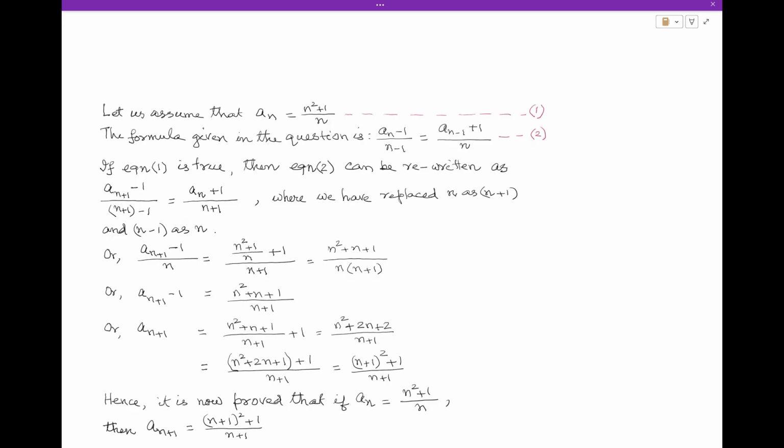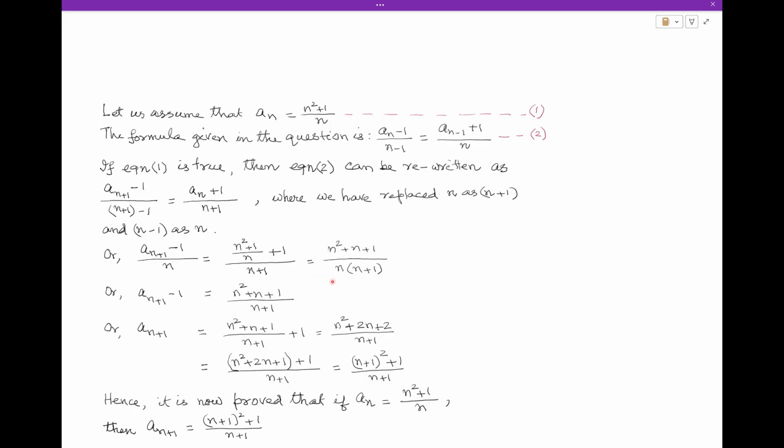So we get a subscript n plus 1 minus 1 divided by n is equal to, because an is known to be n square plus 1 divided by n, or we are assuming that, then a subscript n plus 1 minus 1 divided by n is equal to n square plus 1 divided by n plus 1 divided by n plus 1.